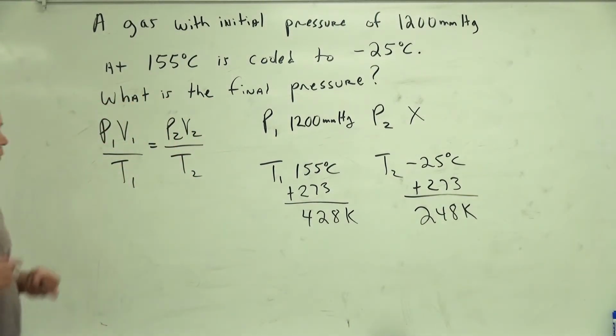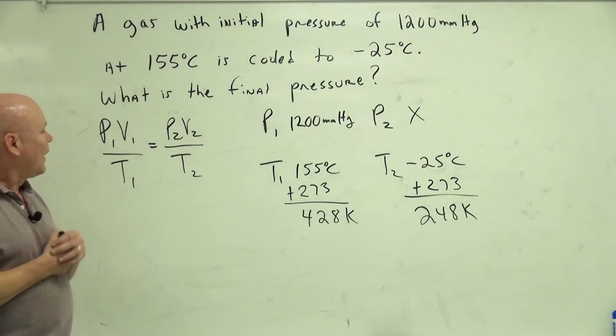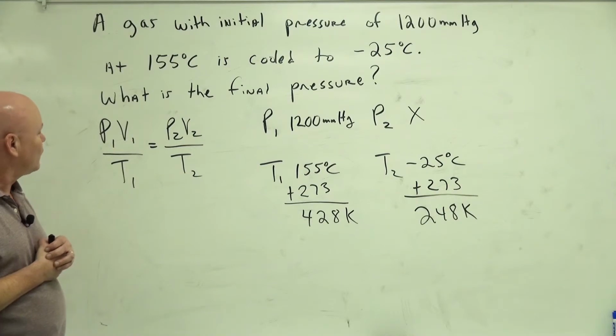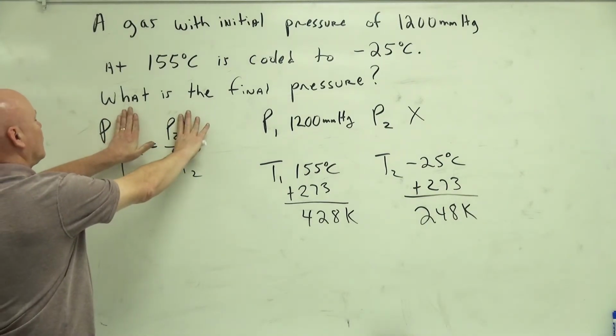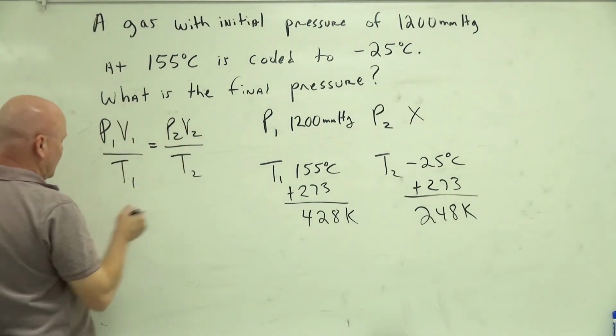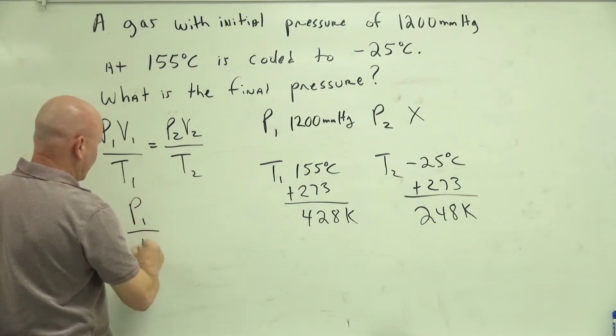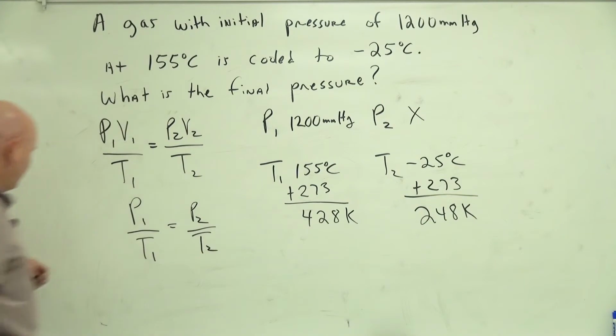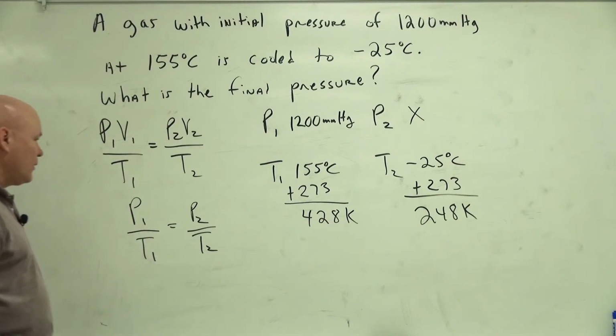Now I can go ahead and get the equation that I'm going to need. And it looks like we only have pressures and temperatures, so we're not going to use the volume. We're going to cover up the volume, and this is going to be P1 over T1 equals P2 over T2. Now we can put our numbers in.